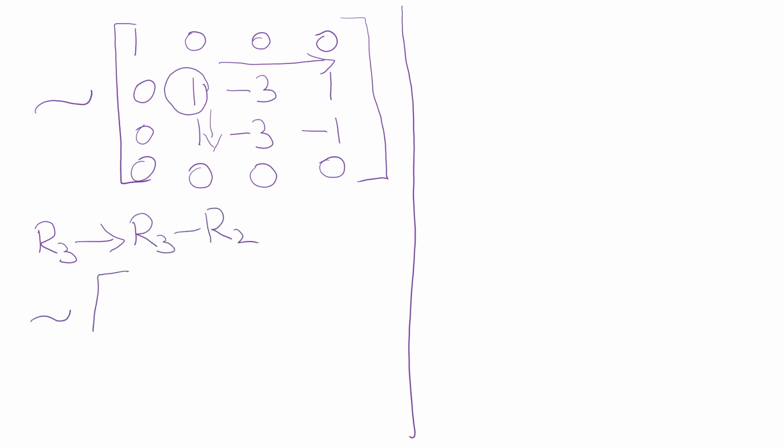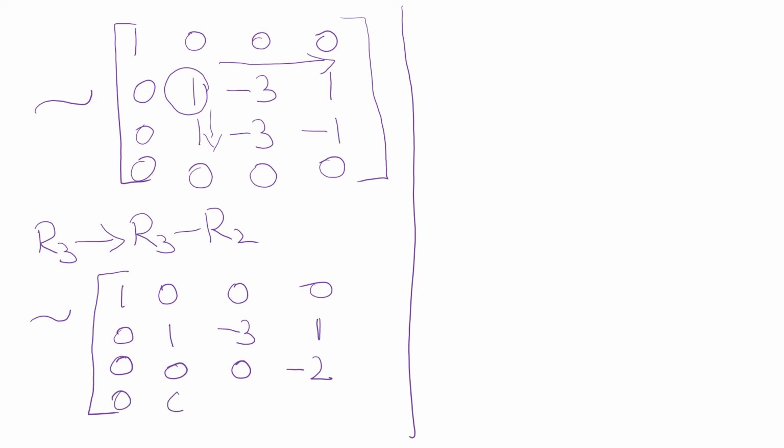The equivalent matrix is 1, 0, 0, 0, 0, 1 minus 3, 1, then R3, 0 minus 0, 0, 1 minus 1, 0, minus 3 minus of minus 3, minus 3 plus 3 is 0, then minus 1 is minus 2. This row is already 0, so you just write that.